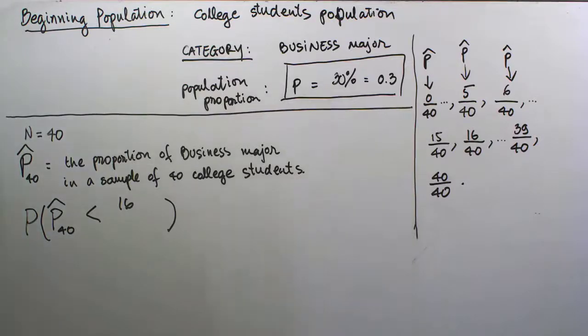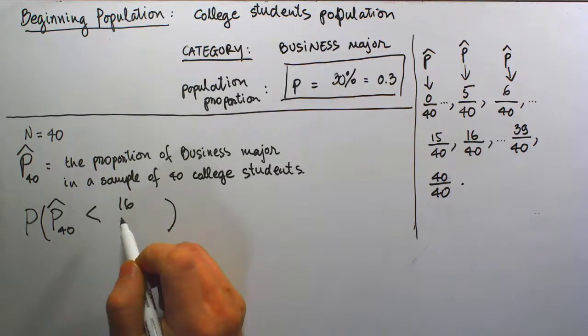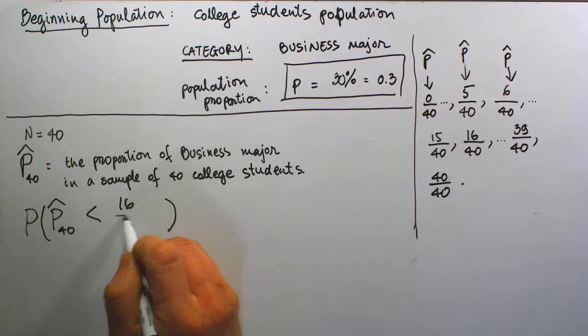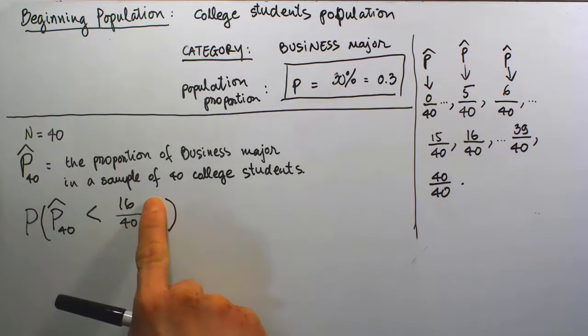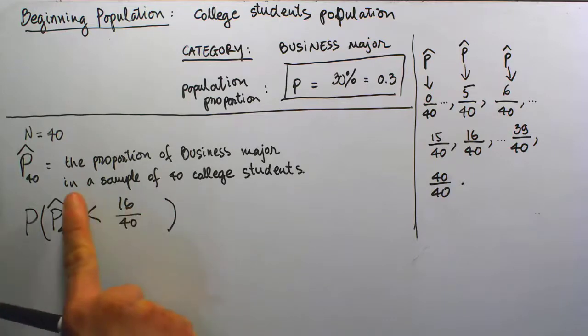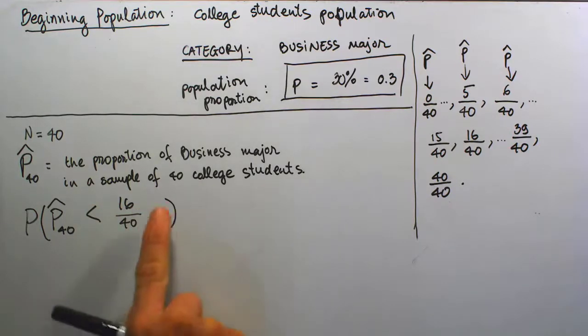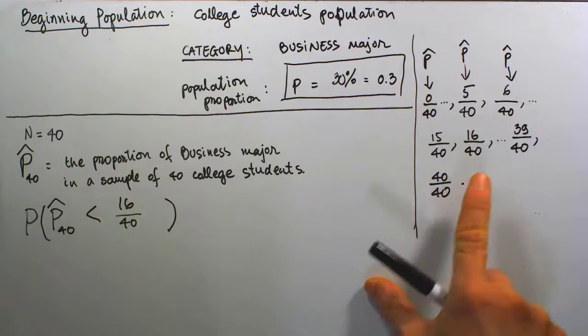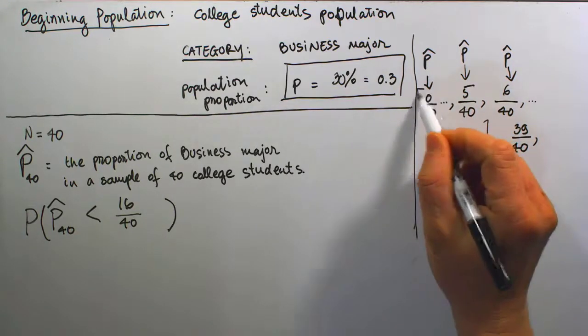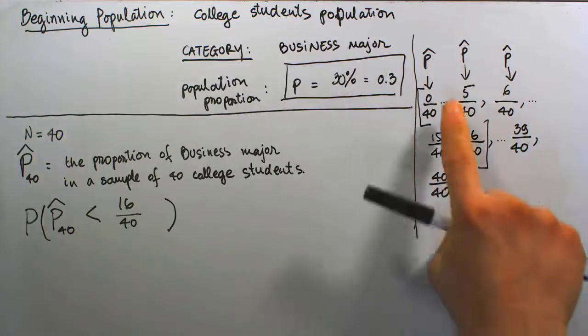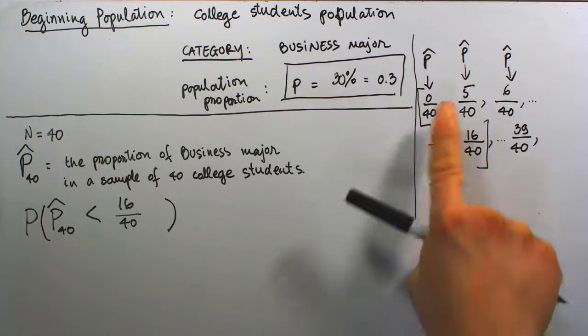And so to be even more precise, 16 here is 16 out of 40 students, because as it said earlier, in 40 college students, we want less than 16. So basically, as an overall picture of the problem, we want to find out what's the chance we run into any one of these samples from here to anywhere lower in the count. So I put brackets around these values that we want to consider.